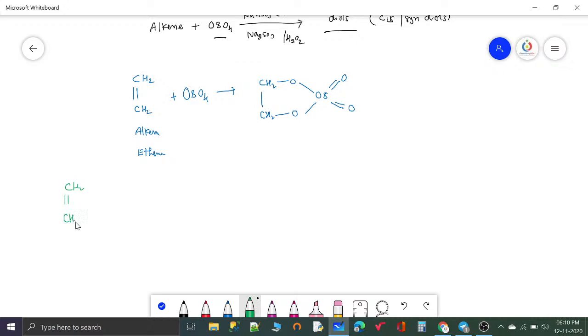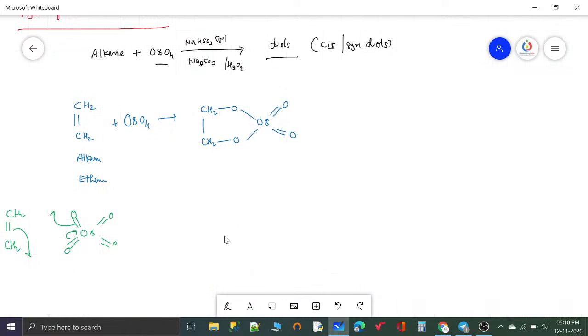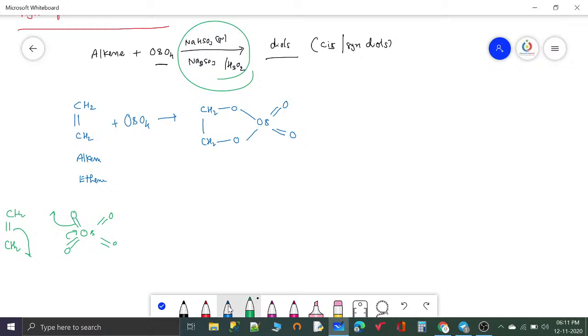Osmium tetroxide has a shape like this. If this bond shifts over here, this bond shifts over here, and these electrons go back to the osmium, giving this cyclic intermediate. This cyclic intermediate on reaction with H2O2 gives CH2OH-CH2OH, which is ethylene glycol.